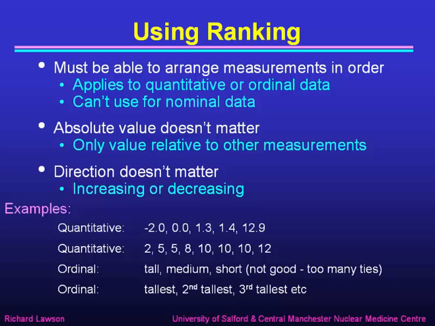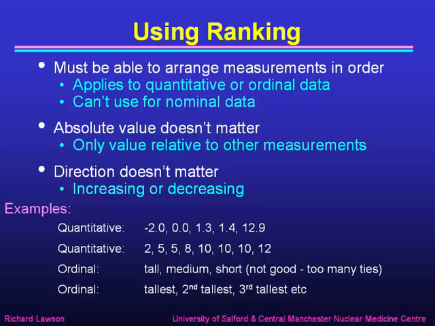There are 2 lots of 5 and 2 lots of 10, for example. Or ordinal data, categories like tall, medium or short, which can be arranged into increasing order. Although in that case that's not very good categories because there would generally be too many ties. There would be several quantities in the tall, medium or short group.